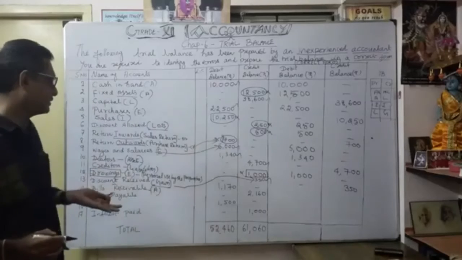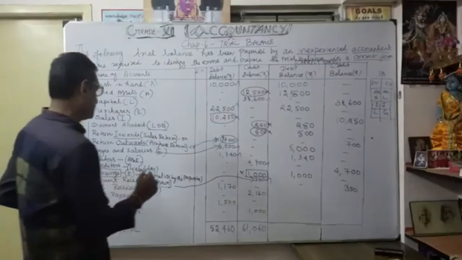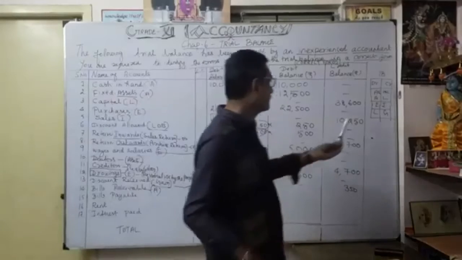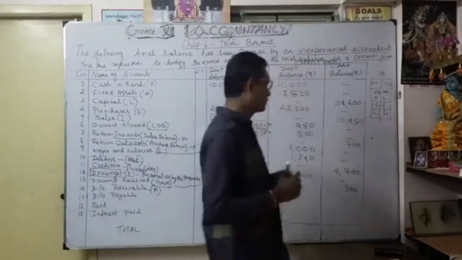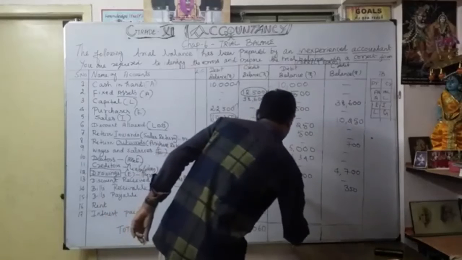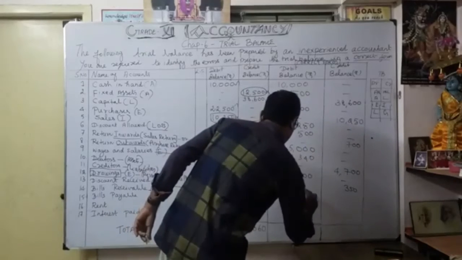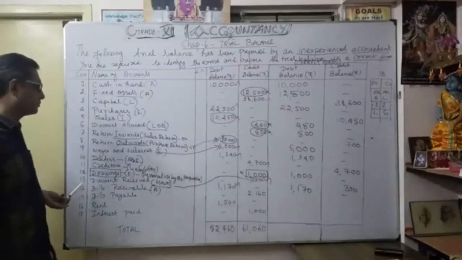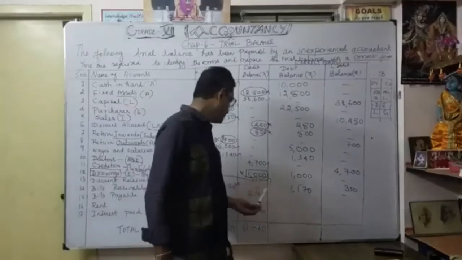Bills receivable is an asset. So they returned it correctly on the debit side. An asset should always be a debit balance, right? So I can write 1,170. Yes, we confirm that it should be a debit balance. Here they did it correctly.